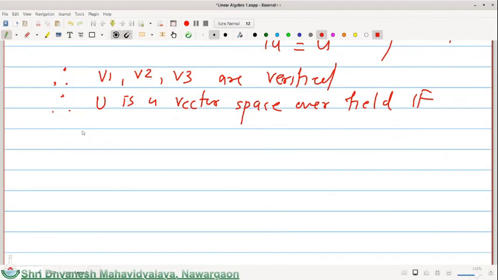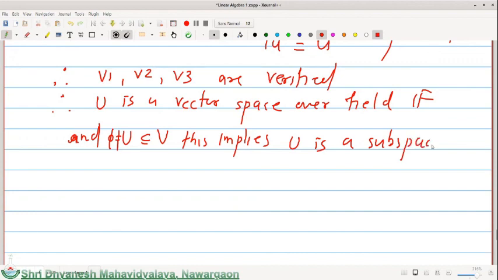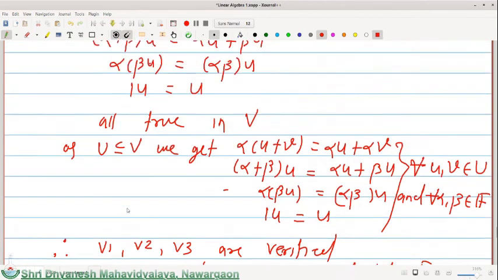Okay, and U is a non-empty subset of V. This implies U is a subspace of vector space V over field F. Okay, so hope this proof is clear to you.